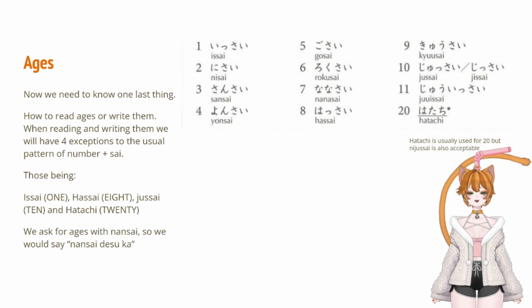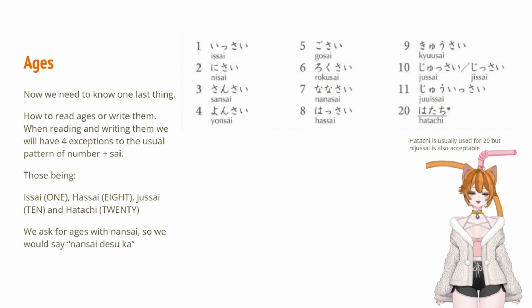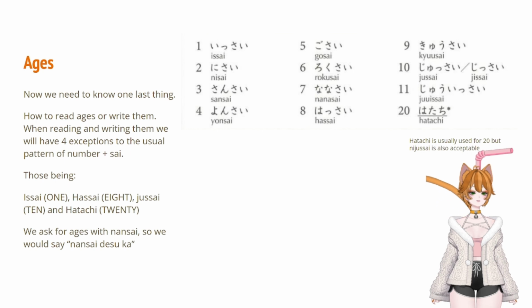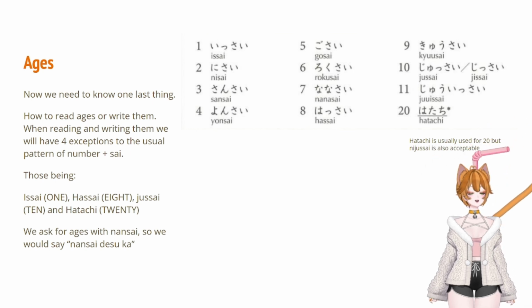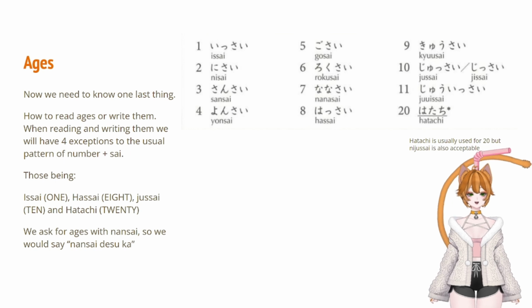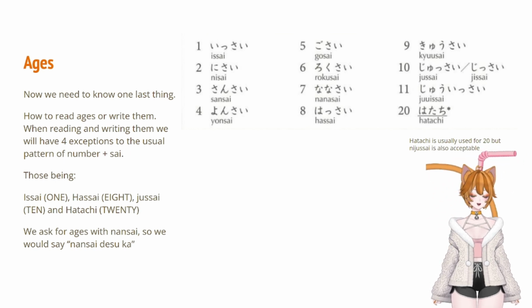Nanasai, 7 years old. Hasai, 8 years old. Kyusai, 9 years old. Jusai or Jisai, 10 years old. Juisai, 11 years old. And hatachi. So hatachi is usually used for 20, but nijusai is also acceptable.